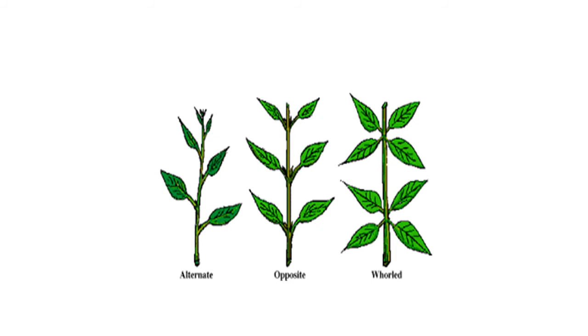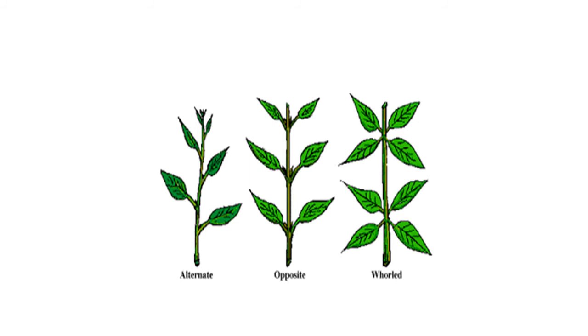Third and last type, that is whorl type of phyllotaxy. If more than two leaves arise from a common node, this pattern is known as whorl type of phyllotaxy. In this figure, we can understand that from a single nodal region, four leaves develop, and that's why this pattern is known as whorl phyllotaxy.